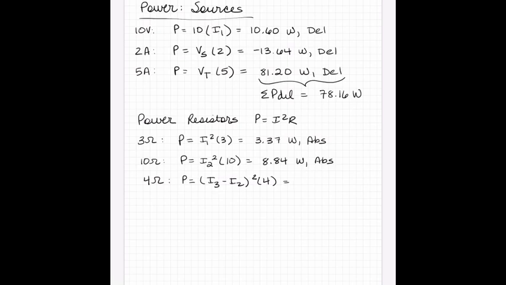And I'm going to get this is equal to 65.93 watts. And of course it's absorbed because resistors can only absorb power. And when I sum these together, I'll get that the sum of the power absorbed is equal to 78.14 watts.